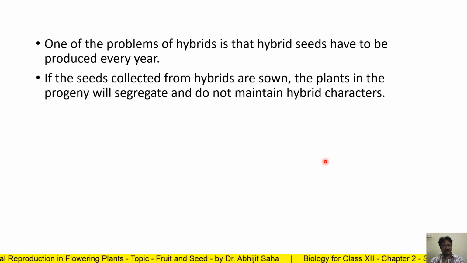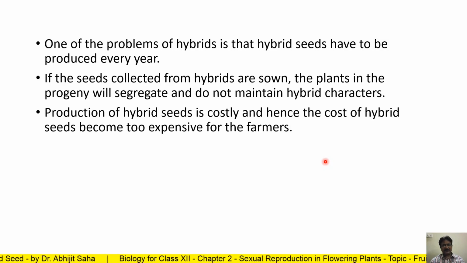Then what will happen? As students of biology, we must try to understand this. If these seeds are collected from hybrids and are sown the next year, then the progeny will segregate and they will not maintain the hybrid characters. That means the yield and quality which we are expecting, we will not get, and the farmer will be at a loss.